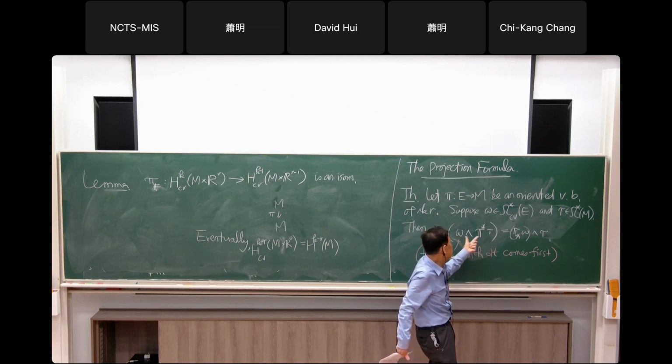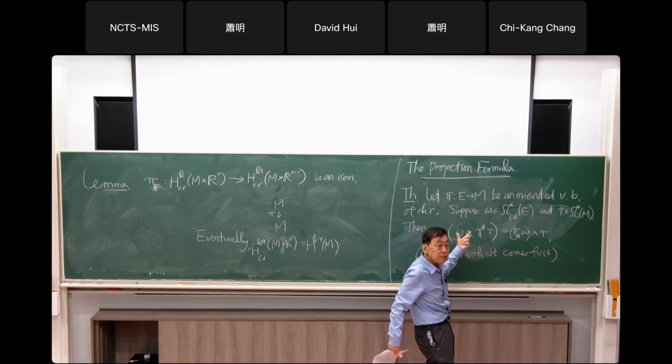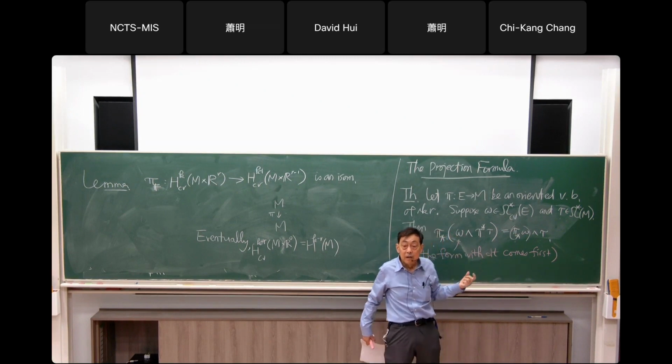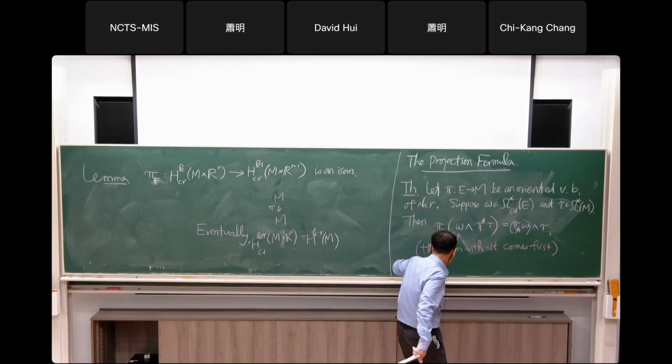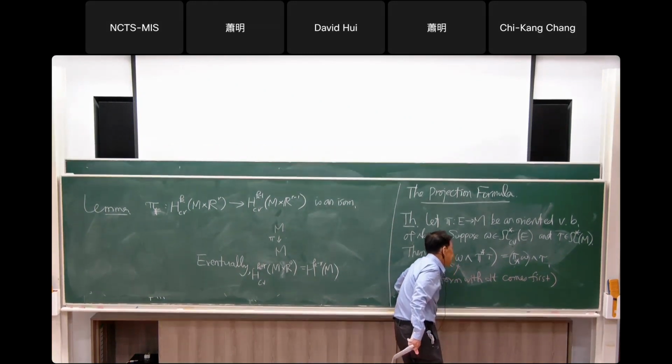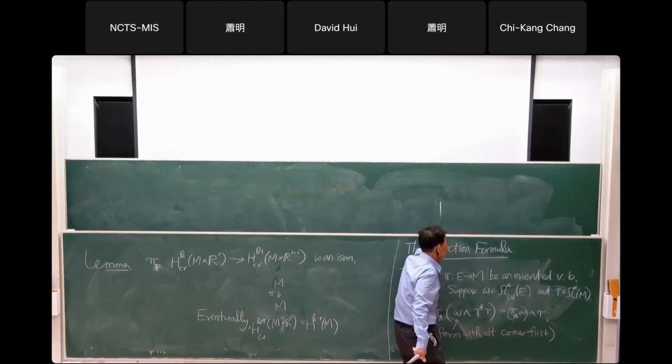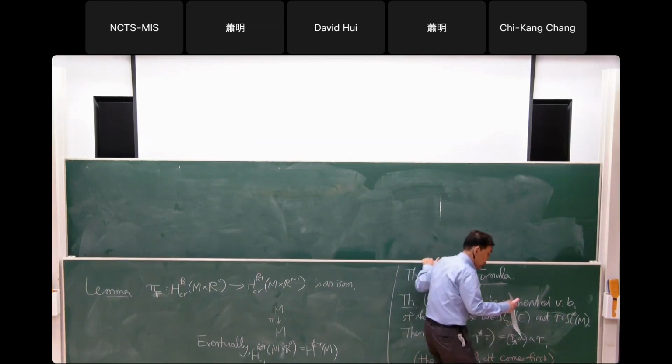So we first have to prove that when you wedge a form with arbitrary support with a form with compact vertical support, you get a form with compact vertical support. That's what we have to prove first.